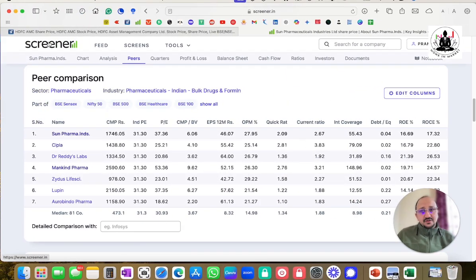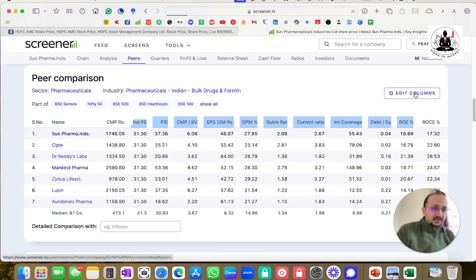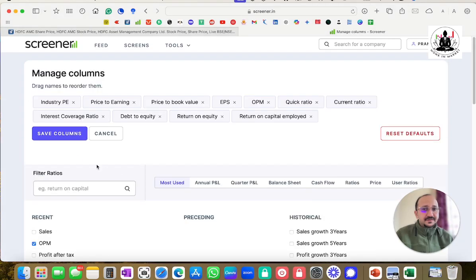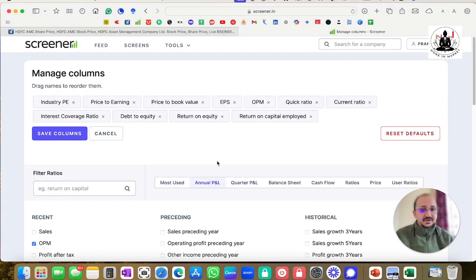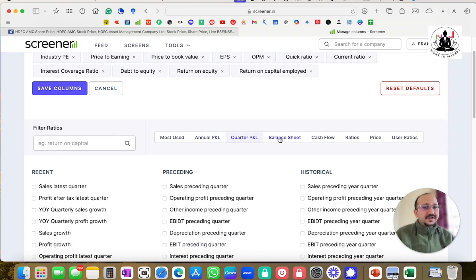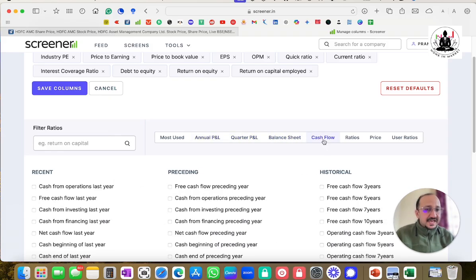So when you open the screener, in this peer comparison, these are all ratios, guys. You can see, right? We are going to discuss them. So when you go to edit column over here, see, there are so many ratios over here. Quite a multiple amount of ratios you can find. See, these are the ratios related to the profit and loss statement, meaning there will be a link amongst the headings of the profit and loss statement, quarterly profit and loss, balance sheet, cash flow statement.